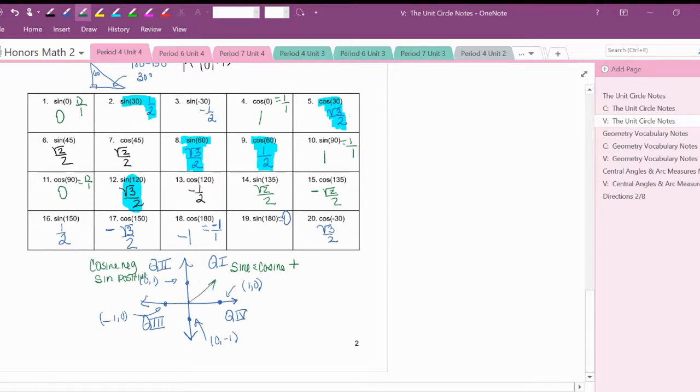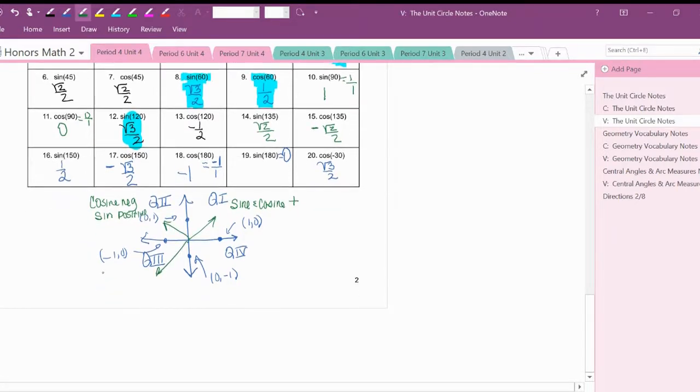When we map into the third quadrant, both the cosine and sine ratios are negative. And when we map into the fourth quadrant, the cosine again is positive, but the sine ratio is negative.